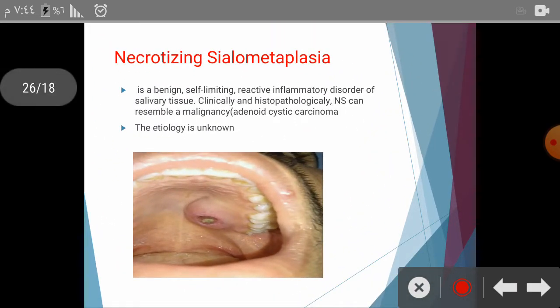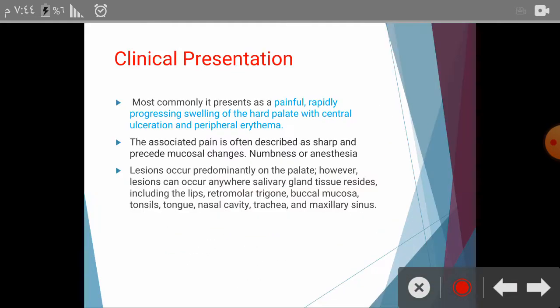Necrotizing sialometaplasia is a benign, self-limiting, reactive inflammatory disorder of the salivary tissue. Clinically and histologically it resembles a malignancy. The etiology is unknown.